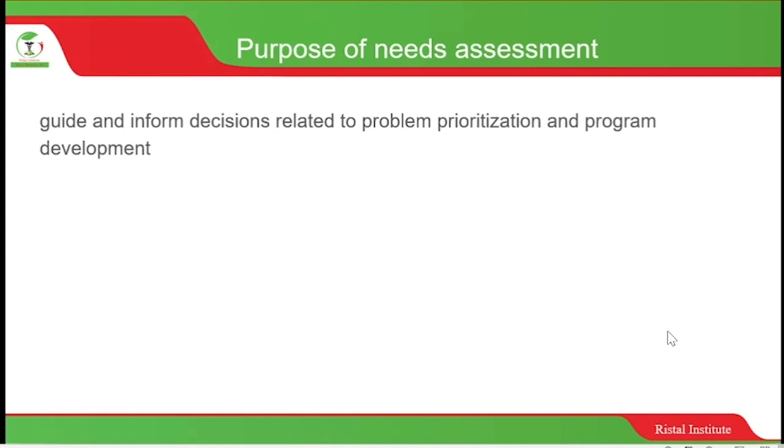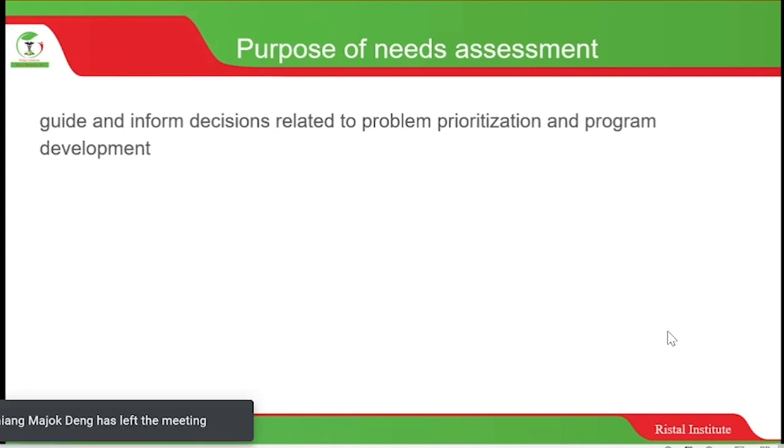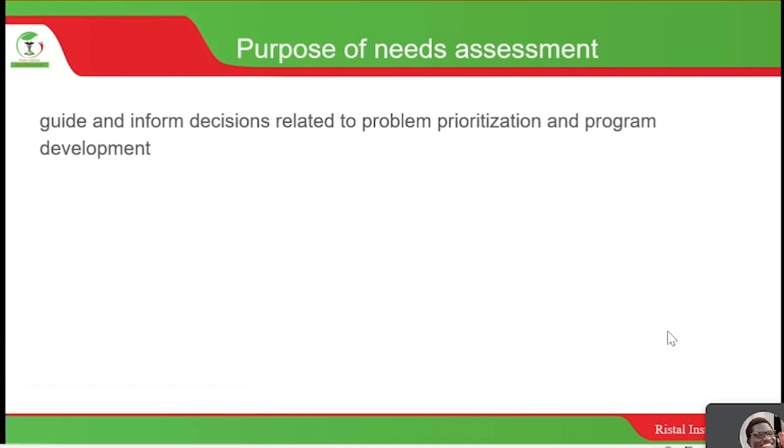So remember, when you do a needs assessment, it can help a person who is carrying out this needs assessment to prioritize their needs. Remember, resources are always limited. So we can't address everything at once. So we need to prioritize needs.